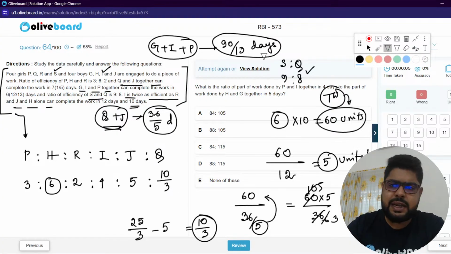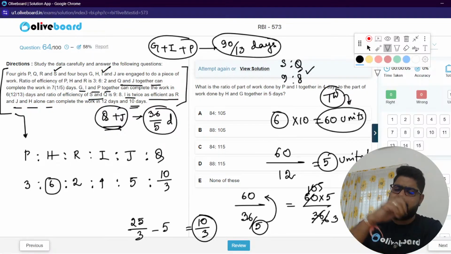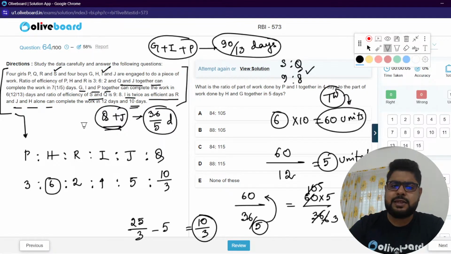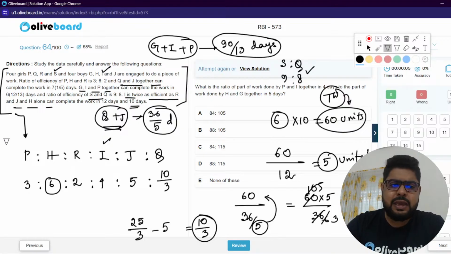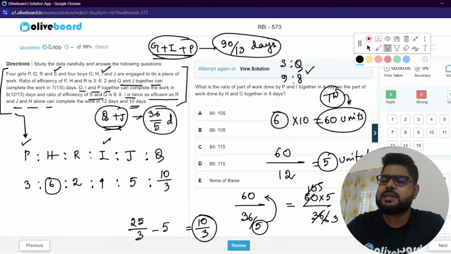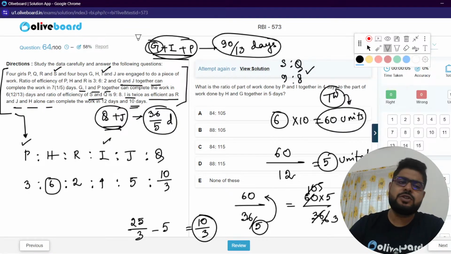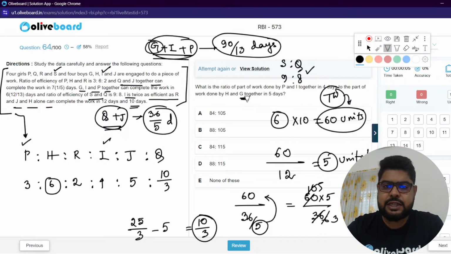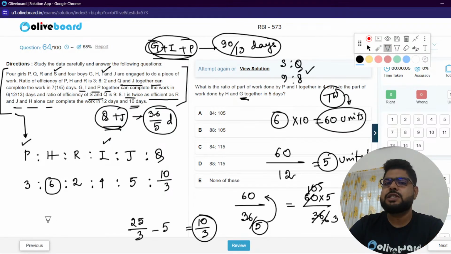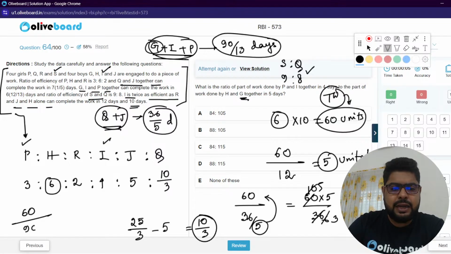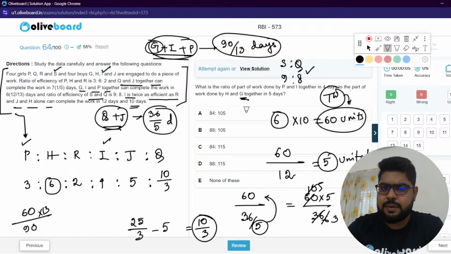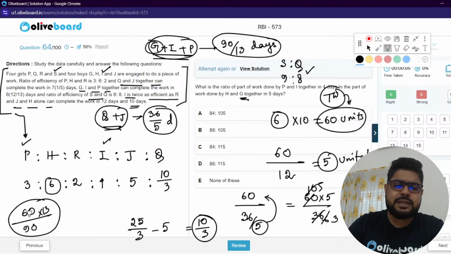Now let's read the question. If I do it like this, you see now I know P. So from this, I'll figure out G as well. Let's find G because I'll need G in this question. So what I'll do, 60 by 90 into 13. 90 by 13 is G plus I plus P. So this is 2 by 3, 26 by 3, sir.